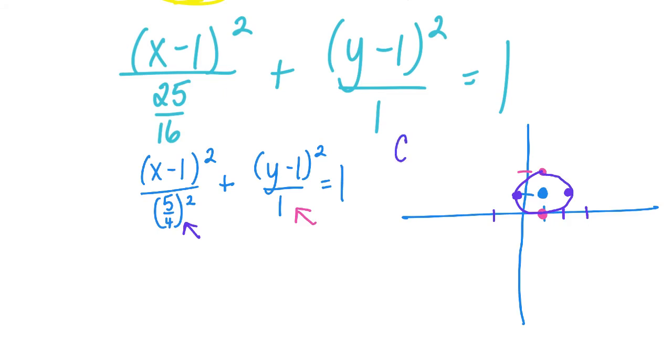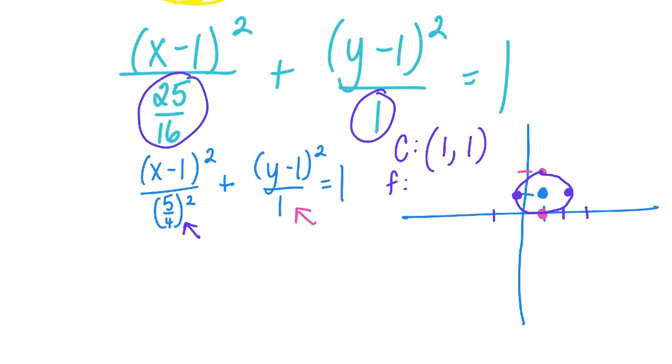We do need to name the center. The center is at 1, 1. We got that. We do need to name the foci. So remember the foci is a squared minus b squared is equal to c squared, where c is the distance.